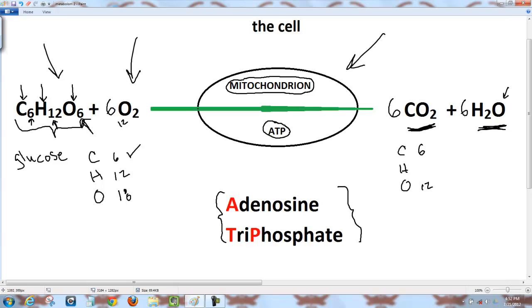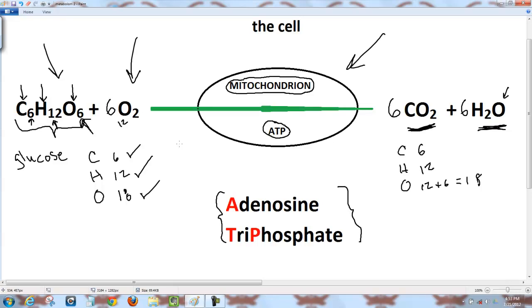And then over here we have 6 H2s, again that's 12. Well, that checks out. And the last part right here we have an O, but we have 6 of them, so it's another 6 equals 18. That checks out. So matter was neither created nor destroyed.